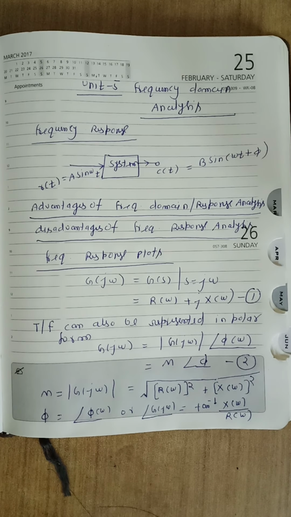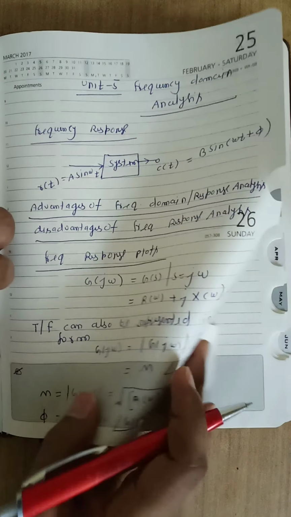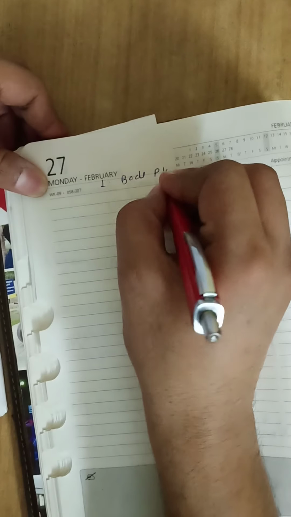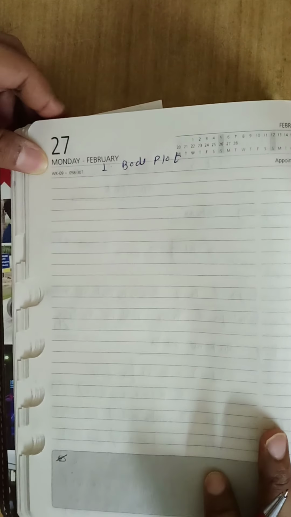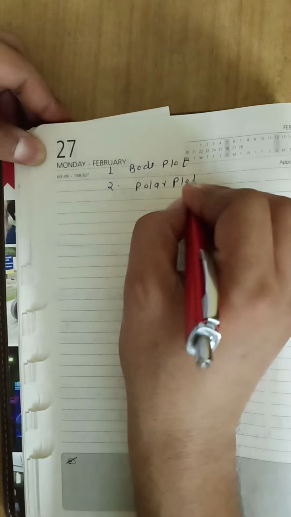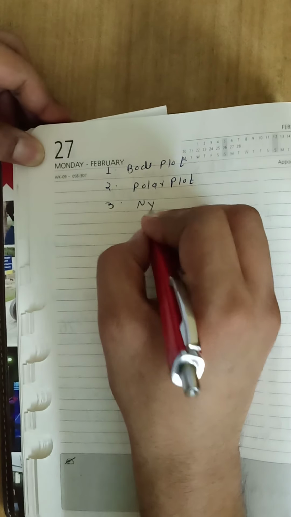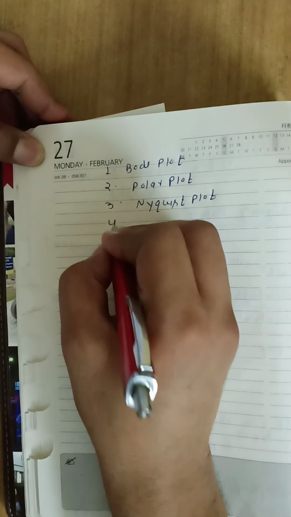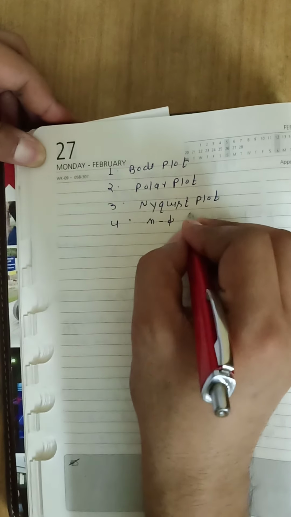Commonly used methods to sketch such frequency response for a given system are, first, Bode plot; second, polar plot; third, Nyquist plot; and fourth, M-φ plot.